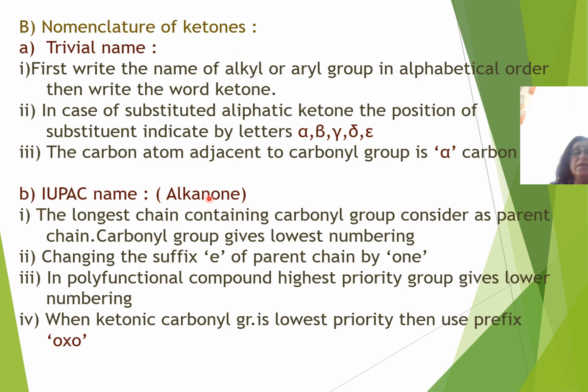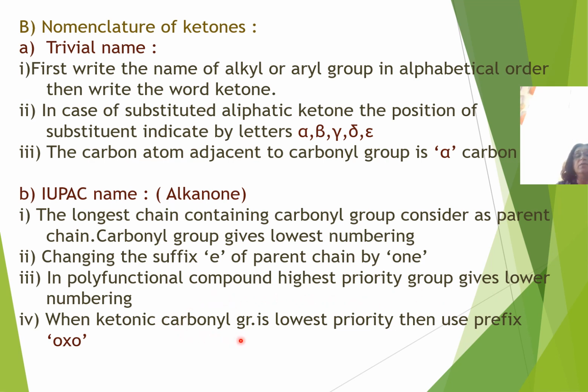Then the IUPAC name will be alkanone, with the alkane E replaced by O. So what do you have to do there? The longest chain containing the carbonyl group is considered as the parent chain, and the carbonyl group gets the lowest numbering. Now change the suffix E of the parent chain to one. In polyfunctional compounds, the highest priority group gets the lower numbering.